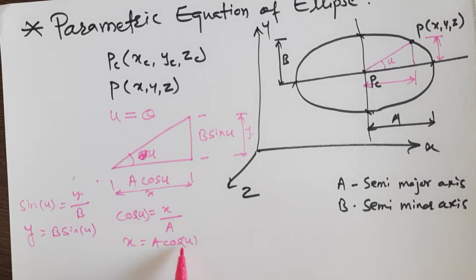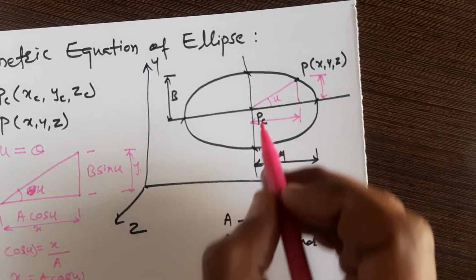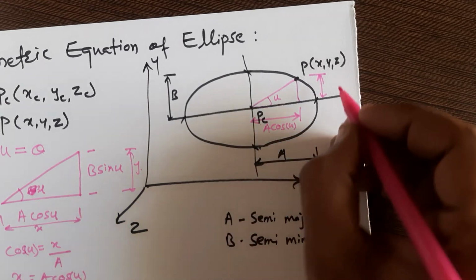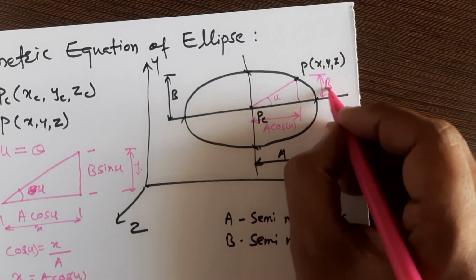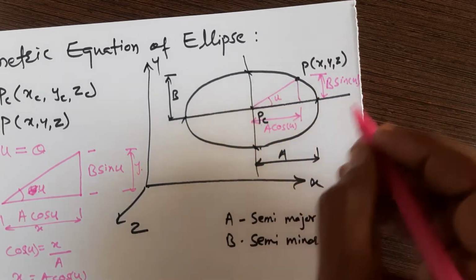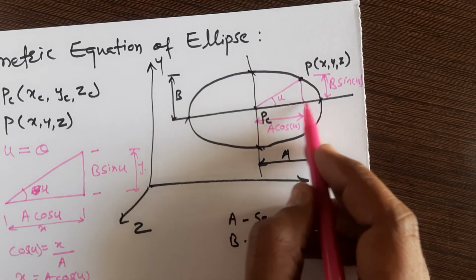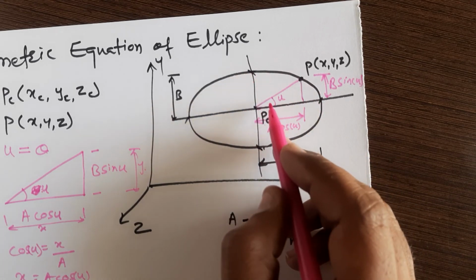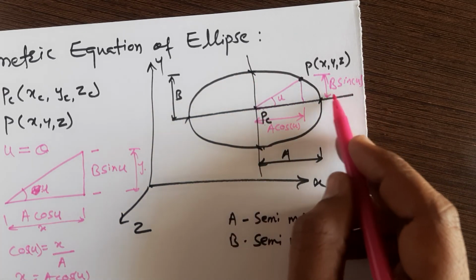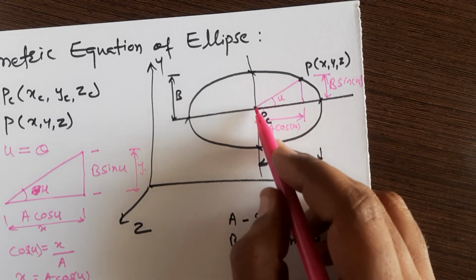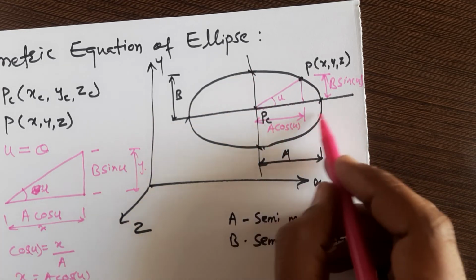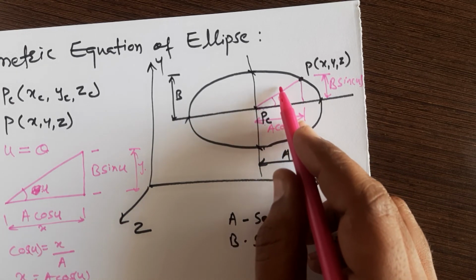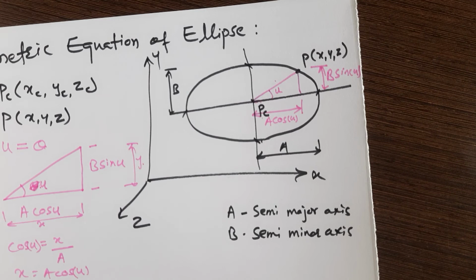So x is a cos of u, and this distance is b sine of u, because here it is an ellipse. This hypotenuse is reducing if you are increasing the angle. That's why while calculating this vertical distance we are taking the hypotenuse as b, and while calculating this horizontal distance we are considering the hypotenuse as a.